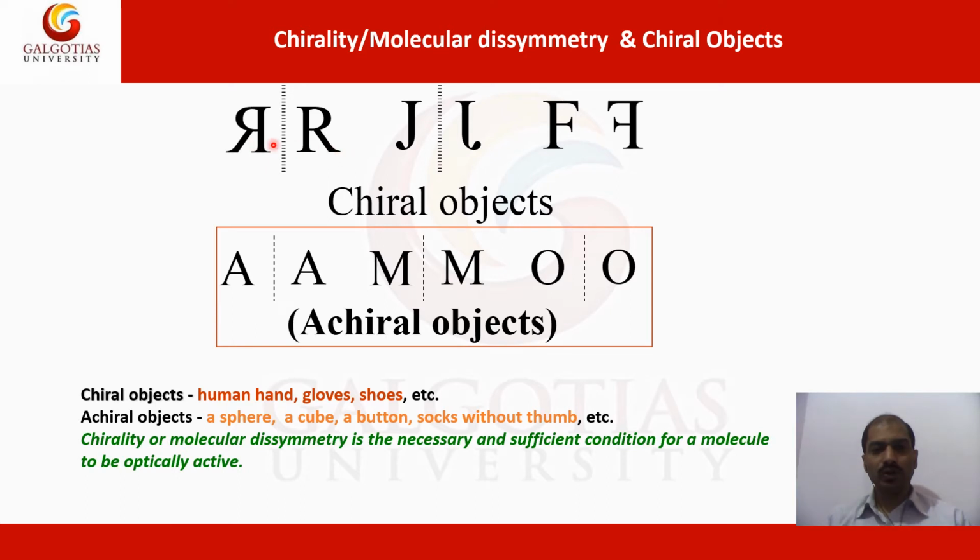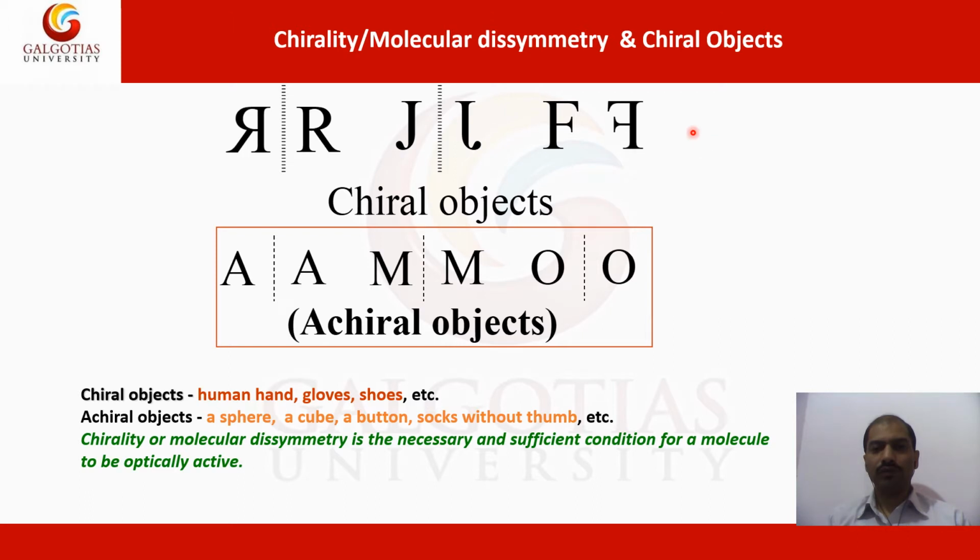You can see here this R will look like this mirrored R. It is just the opposite of that. Once you try to superimpose them, they will not be superimposed on each other. Similarly J will look like this, and F, if you put the mirror here, will look like this. So these types of compounds are chiral compounds or chiral objects.